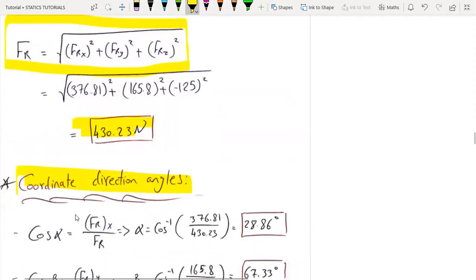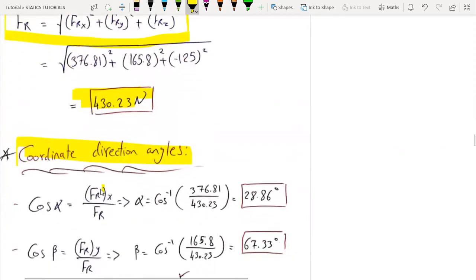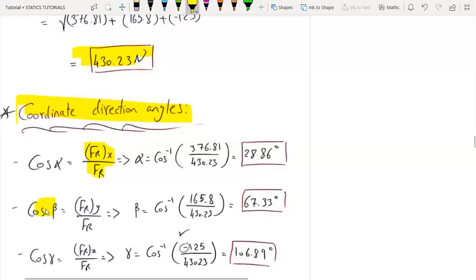What about the coordinate direction angles? Simply, cosine alpha equals the x component of the resultant force over the magnitude, cosine beta equals the component of the resultant force in the y direction over the magnitude, and gamma is the component in the z direction over the magnitude.